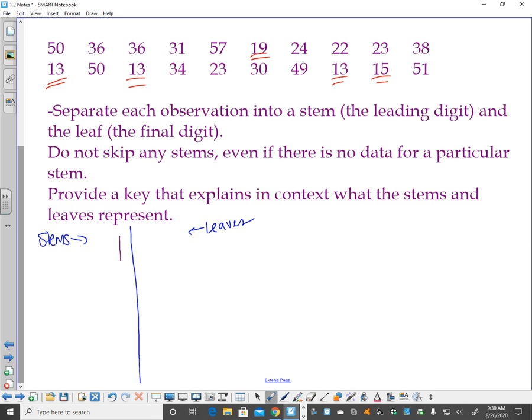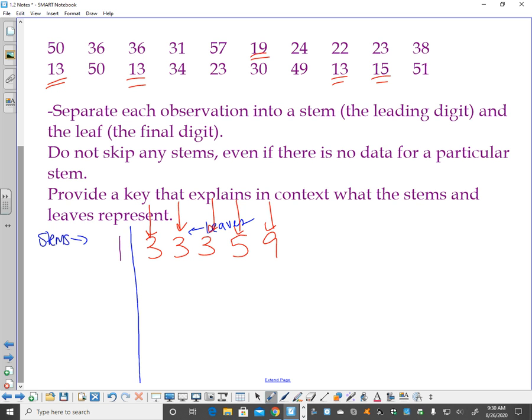Now the leaves are the second digit. I want to put them in order, and if there are multiples, I want to put them all because I'm trying to show the distribution. So it looks like I have 3 3s, a 5, and a 9. Now I'm going to space these out so that I can line my leaves up again so I can see the distribution.